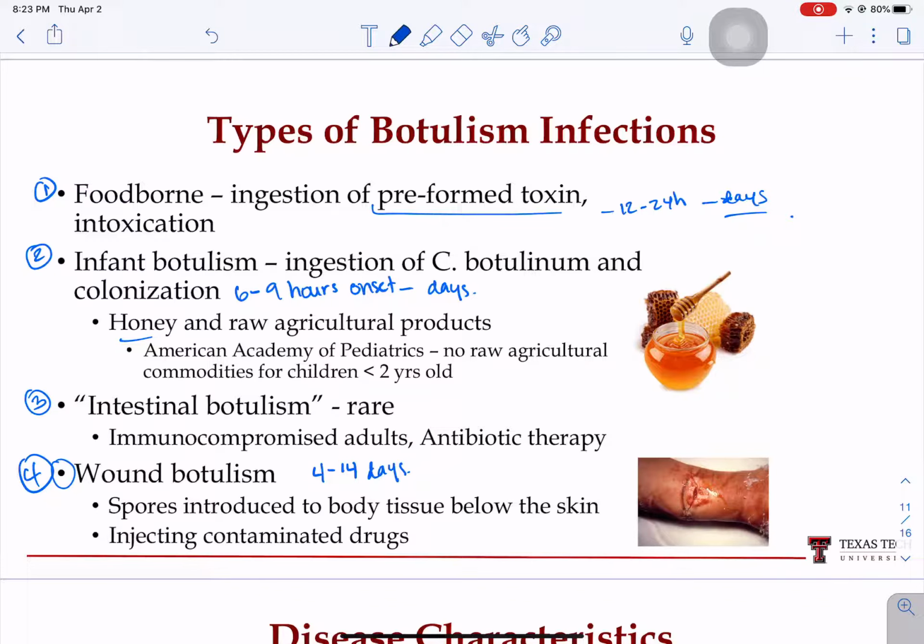Foodborne botulism is the direct ingestion of that toxin. Now, unfortunately for the infants, the problem is that the infant intestinal tract lacks that protective bacterial flora, and maybe Clostridium-inhibiting bile salt acids, so the microorganism can invade very easily.